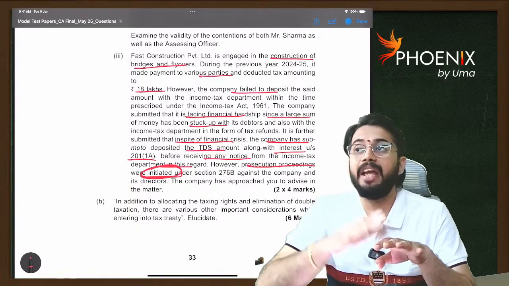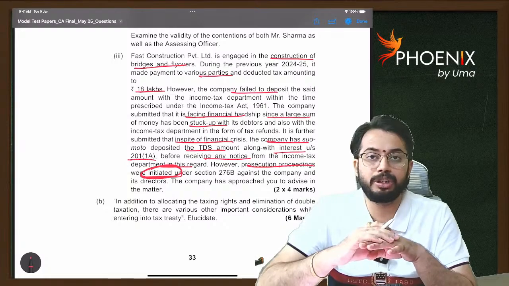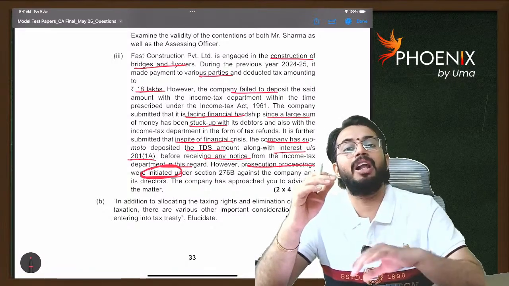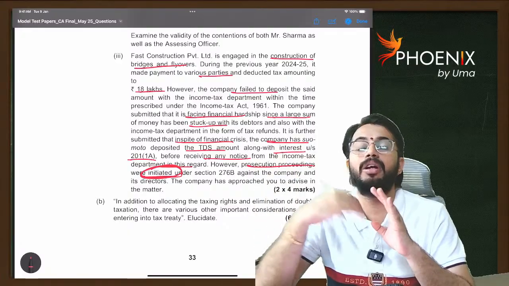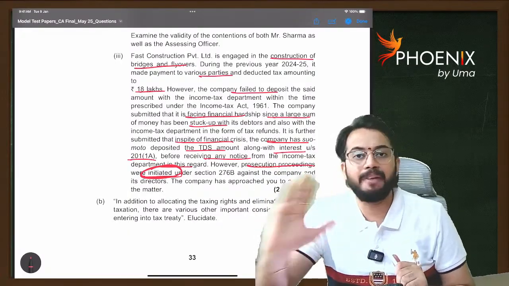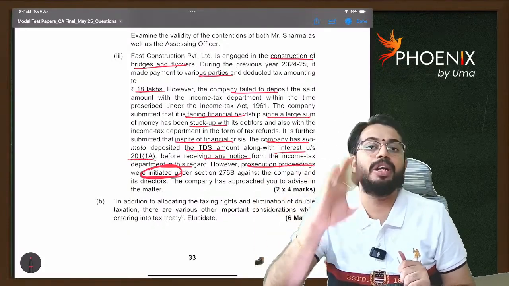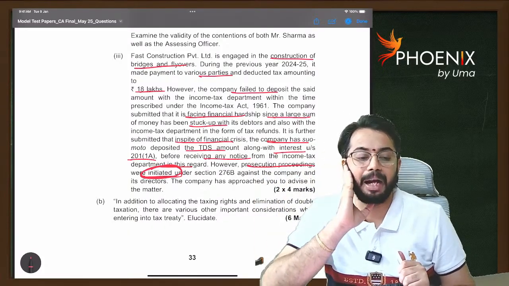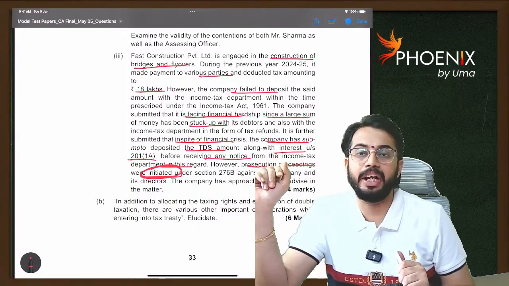Even before department gives notice to me, on my own, voluntarily, I deposited TDS amount to government even before department issues notice. Now, see, I did not pay within due date, but I paid after due date even before notice is given by income tax department. Now, in this case, prosecution proceedings cannot be initiated.